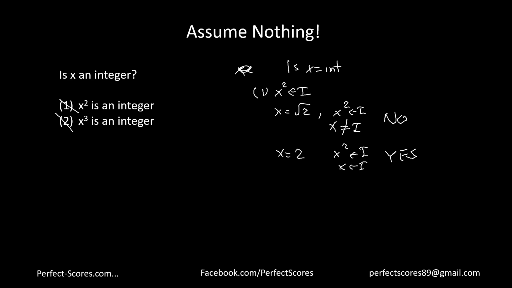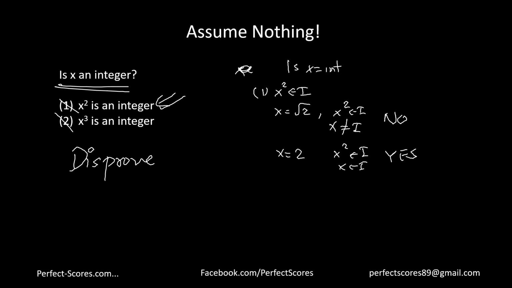Even this is insufficient. But what I want to say here is that you should not assume anything. That means if it says x is an integer and it says x squared is an integer, try to use your imagination to come up with numbers, come up with information that will make this statement insufficient. And as I said earlier as well, always try to disprove the statement first. Always have a skeptical mind. Try to disprove the statement first and do not assume anything. So what does that mean?